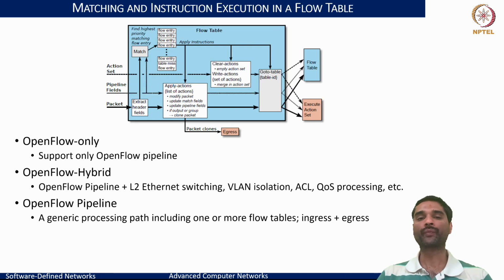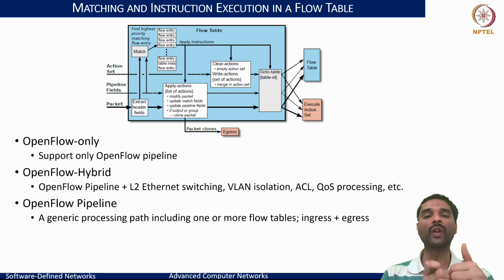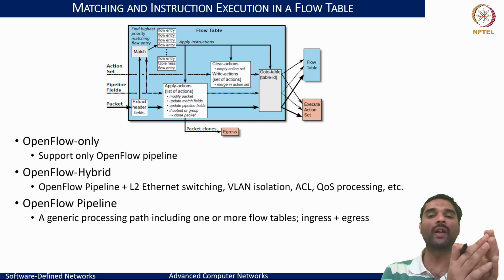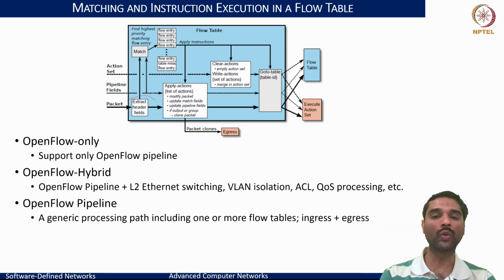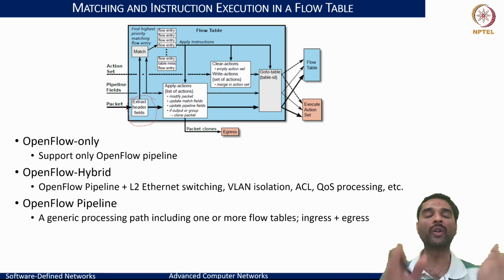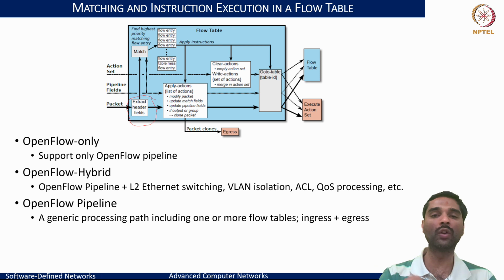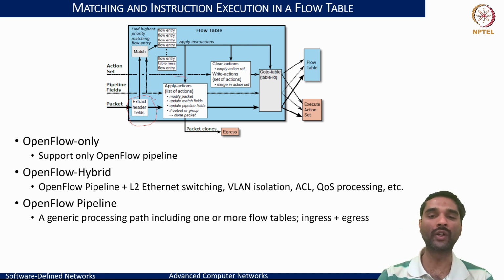And to look at when a packet comes to a particular device, you can think of it as entering on a particular ingress port. As the packet enters, you want to extract all the header fields that are relevant for you to match on a particular flow entry in a given table. And once you parse and extract these header fields, you would want to do a match, and if there is a match in any of these flow entries, you would want to apply the corresponding set of actions.